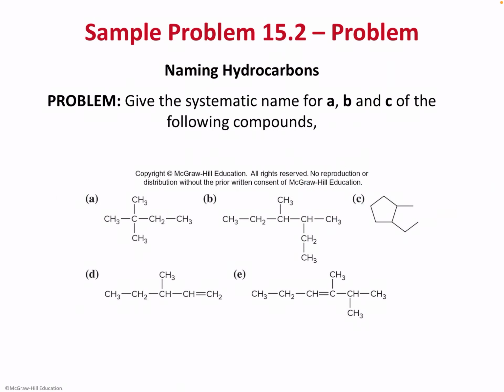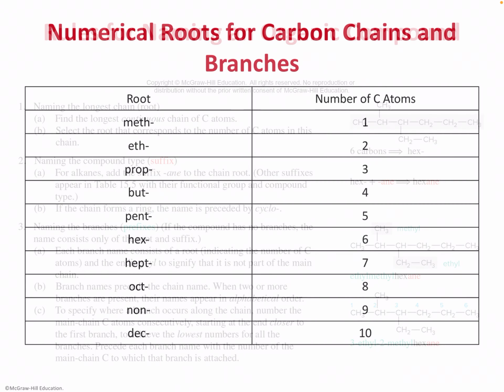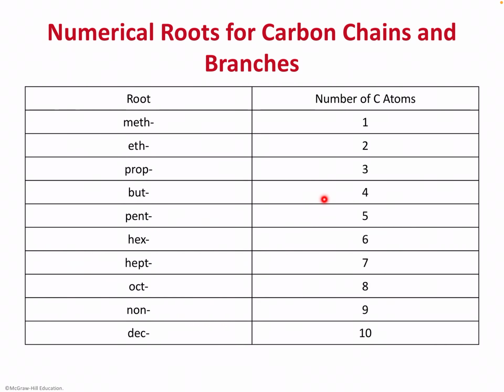Naming hydrocarbons. Give the systematic name for A, B, C of the following compounds. Now, what is the first thing we're going to do? We're going to find out the longest chain. So 1, 2, 3, 4. If you have 4 carbons, what is the root name? 4 carbons, root name is but, B-U-T.